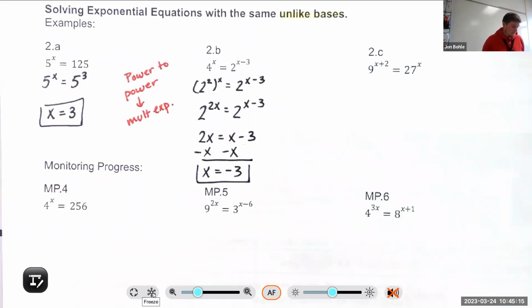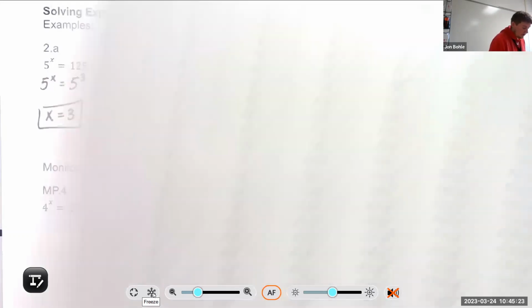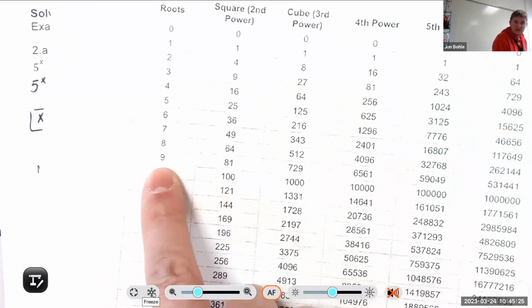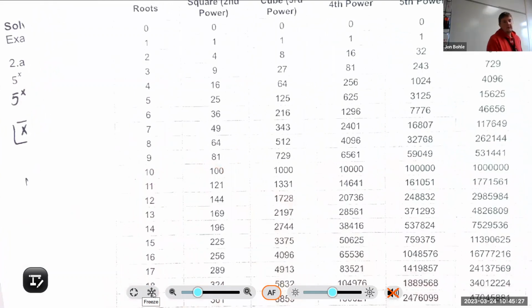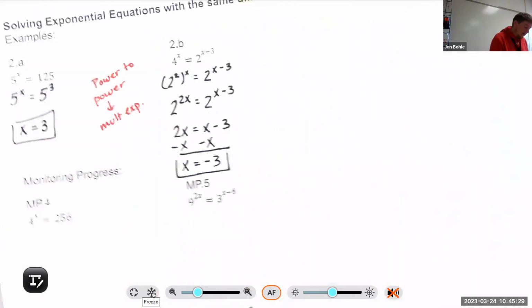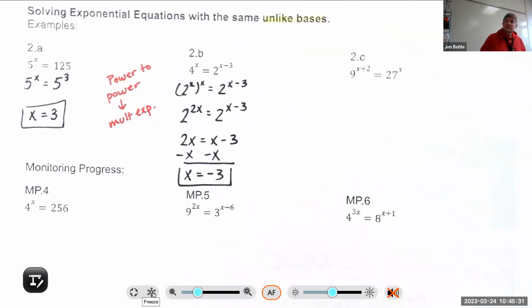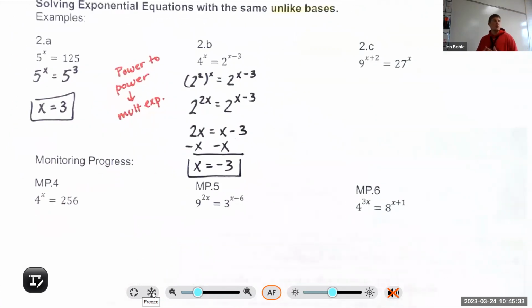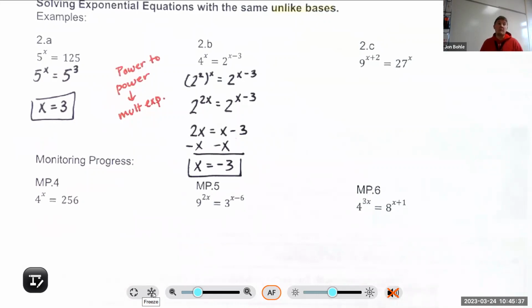Well, can I say 9 to some power is 27? No, because if you look at your sheet, 9 goes right past 27. It goes straight to 81, so that's not going to work. So rather, I need to look at that number and say, is there a different base that I can rewrite both of them to be in the same base as?